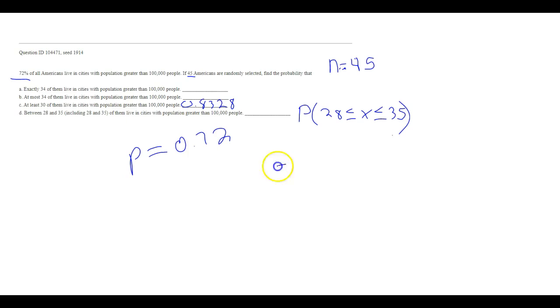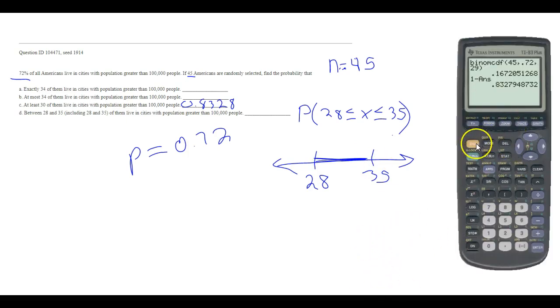So let's think about what we have here. All right, so let's say here's 35 and here's 28. So I'm looking for the people in between. Now again, using my calculator, if I use my binomial, let's clear this. Let's go back to second vars, find my binomial, CDF, enter.